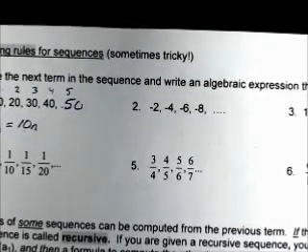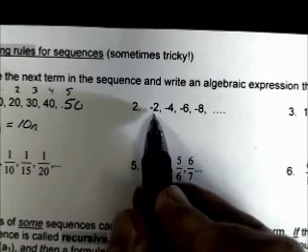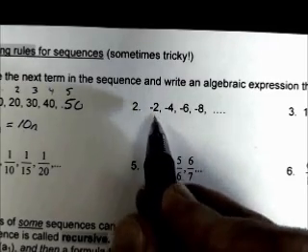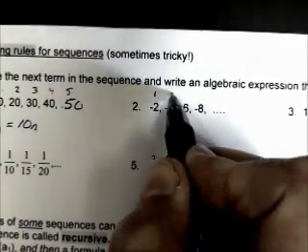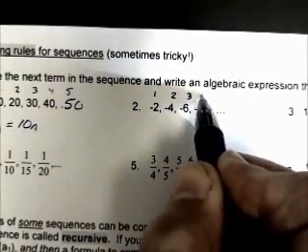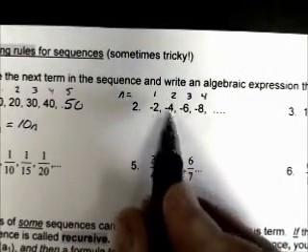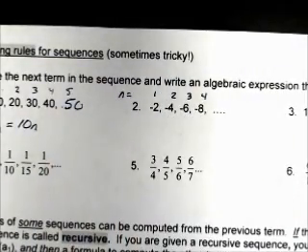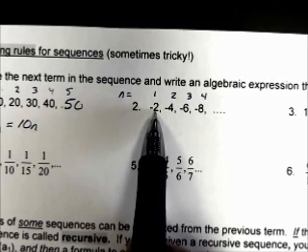Let's look at number 2. Remember, this is the first term, okay? This is my first term, so put a 1 above the negative 2. The second term, my third term, my fourth term. So these are our n values. N equals 1, 2, 3, then 4. Okay, let's see. 1 times negative 2 would give me negative 2.